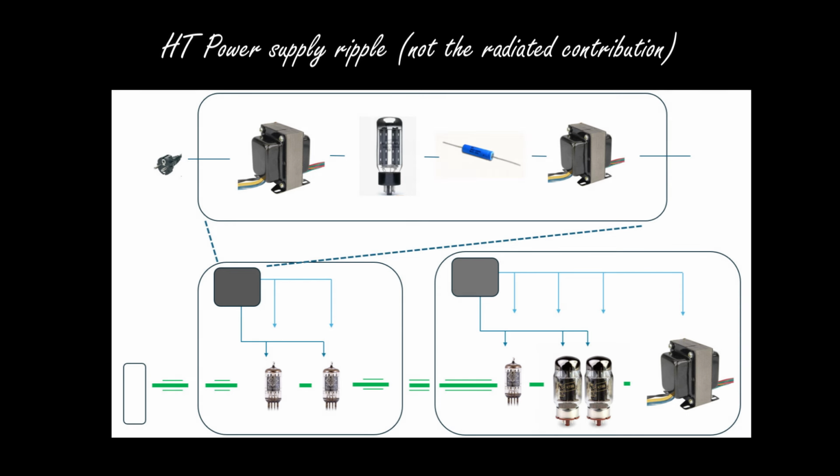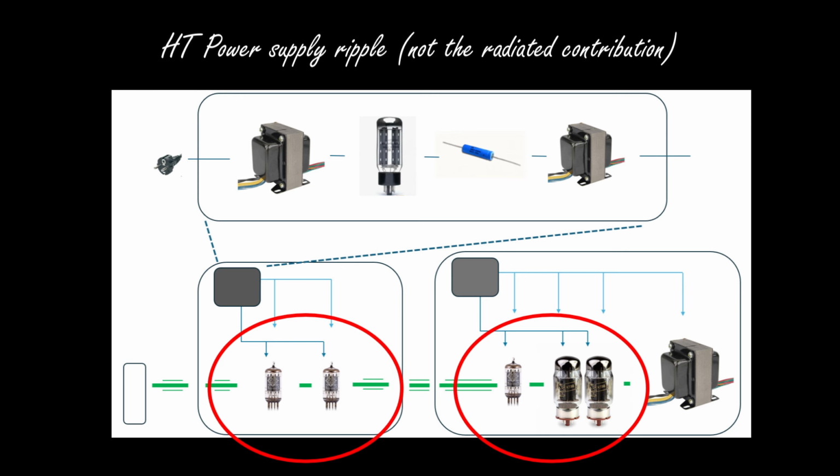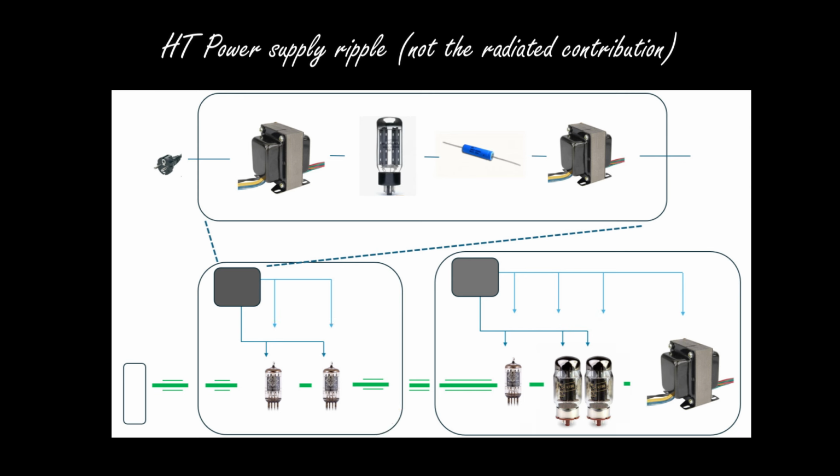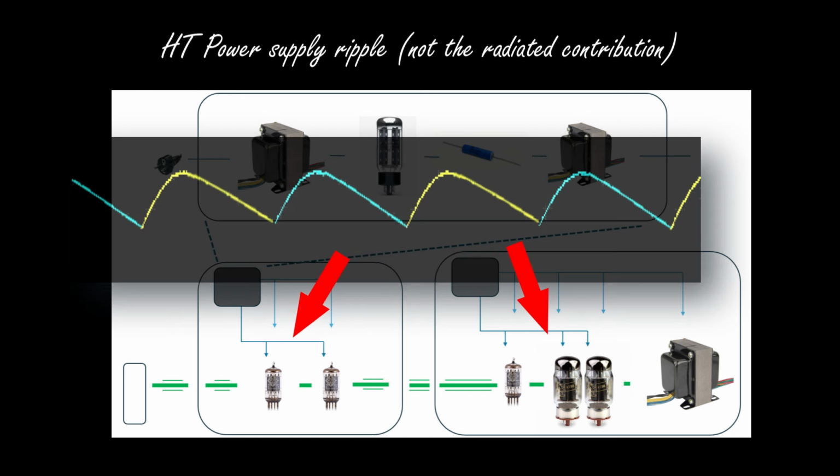Another way for the audio signal to pick up noise is through the preamplifier or power tubes, mainly through the preamplifier tubes. If the anode voltage, so the high voltage, is not sufficiently filtered, so if we still have some ripple over the anode DC voltage, we might hear this ripple as hum on the audio signal.